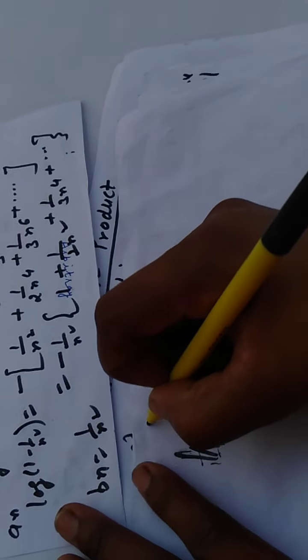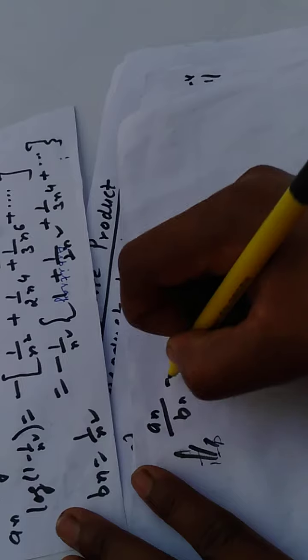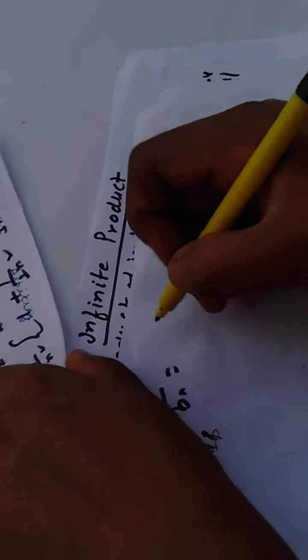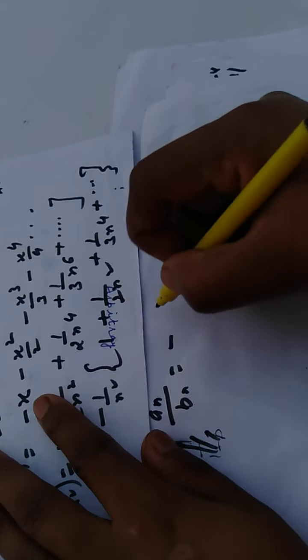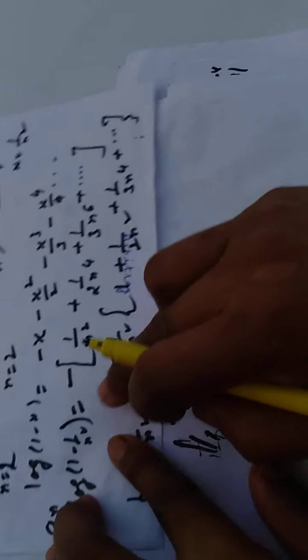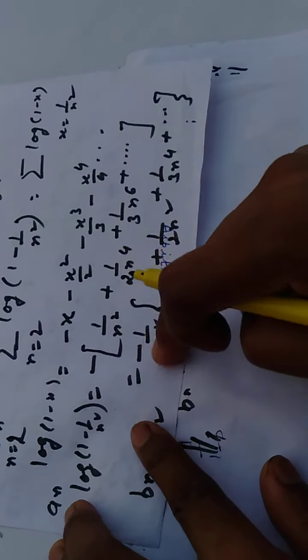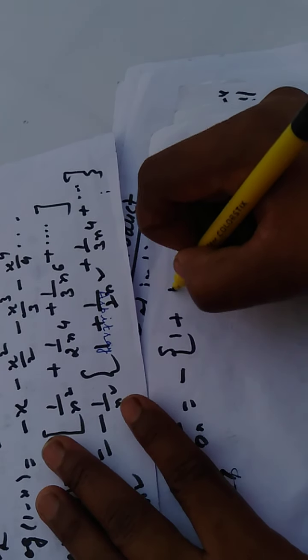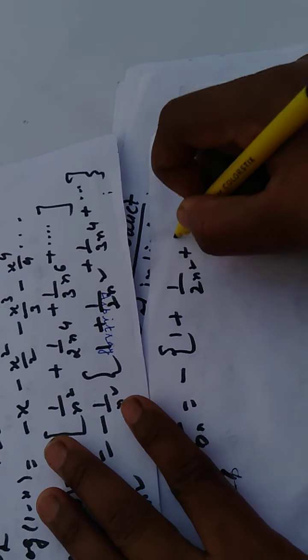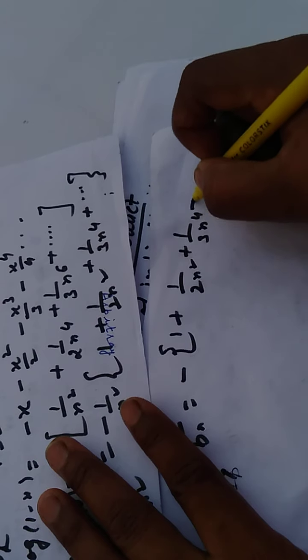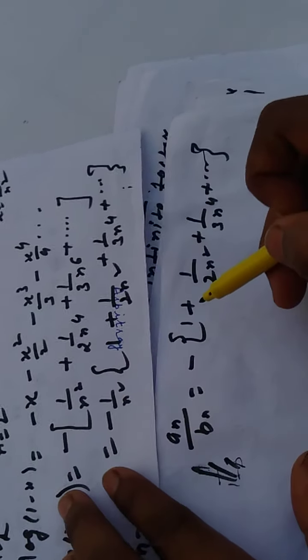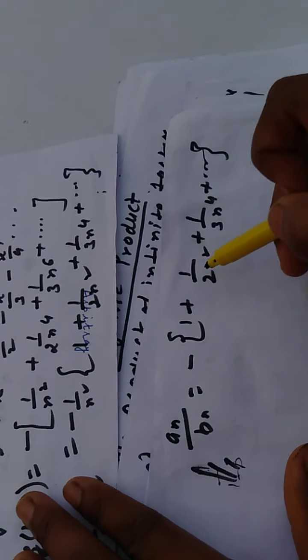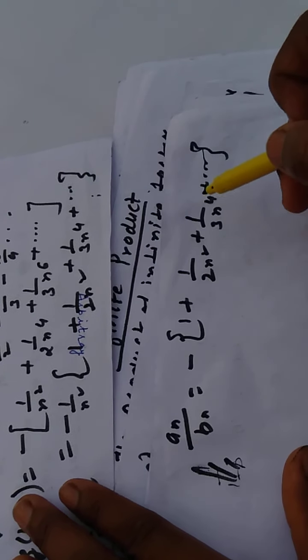An upon Bn will be minus, as when an is divided by Bn, this 1 by n square gets cancelled out, and it will be minus 1 plus 1 by 2n square plus 1 by 3n to the power 4 plus and so on. All the factors except this term contain 1 upon n square, 1 upon n to the power 4 and so on.